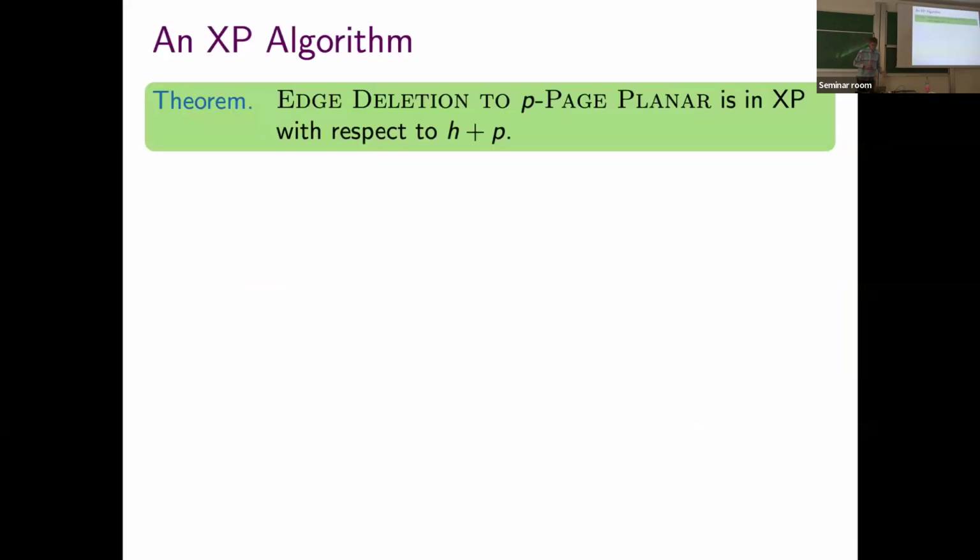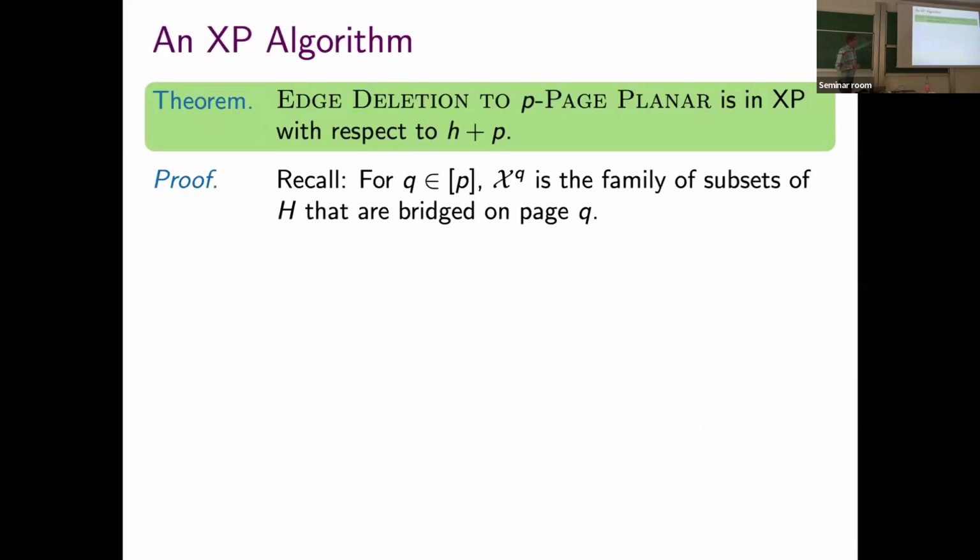And the algorithm itself then does the following. So again, XQ was the family of subsets of my hitting set that are bridged on a certain page Q. This subset, because it's a laminar family of sets, cannot be so big. Here's the argument.